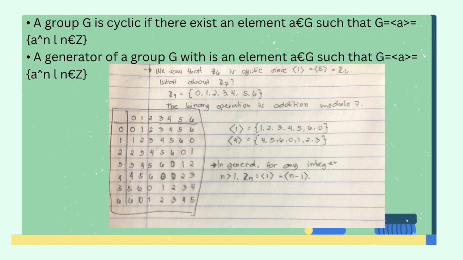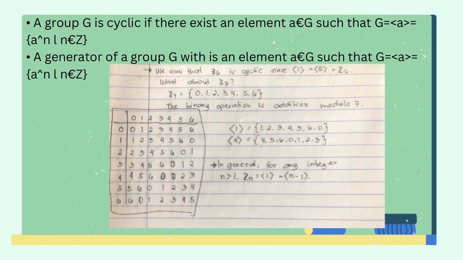A group G is cyclic if there exists an element A in the group such that G equals the group generated by that element A. In fact, we can also say what a generator is. A generator of a group G is an element A in G such that G equals all those powers of A, A to the N, where N is an integer, and this is multiplicative notation.